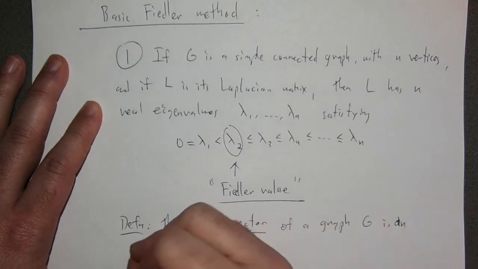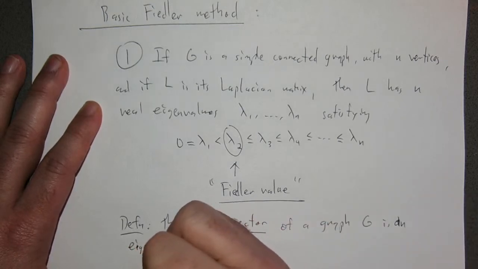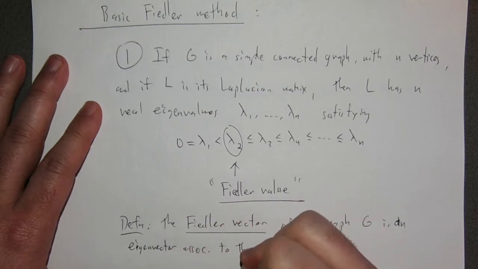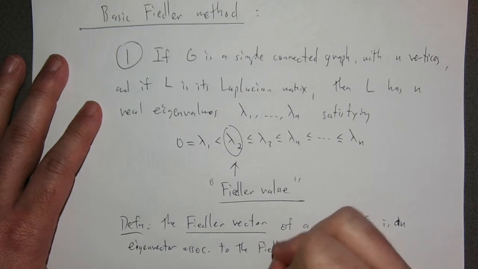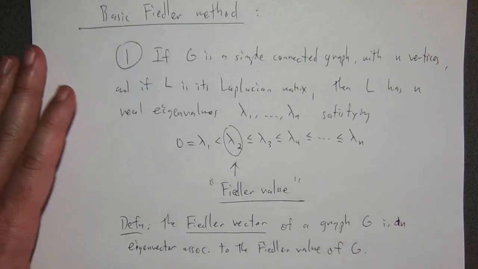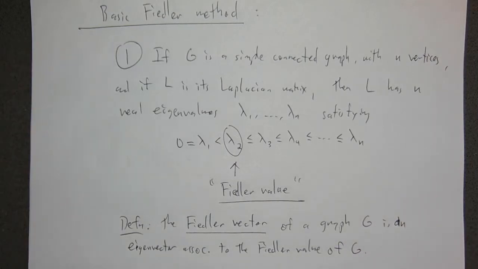So it's an eigenvector associated to the Fiedler value of G. It mentions in the notes that in general, if you have n vertices, it could be a really big matrix, and so the eigenspace corresponding to a Fiedler value may be multidimensional.